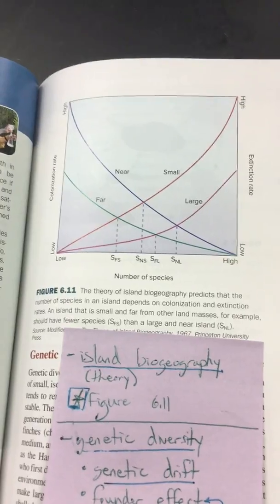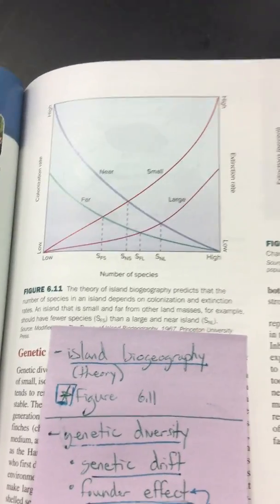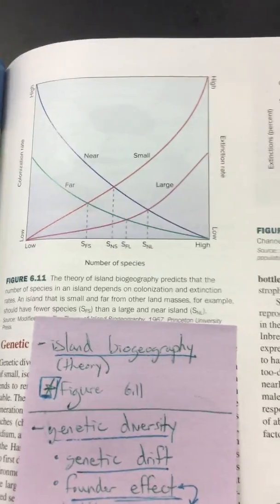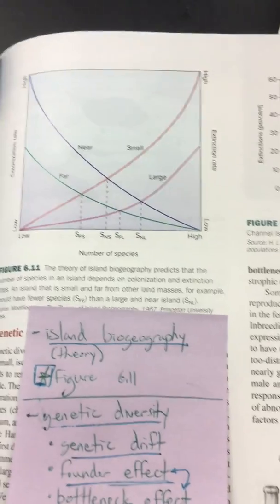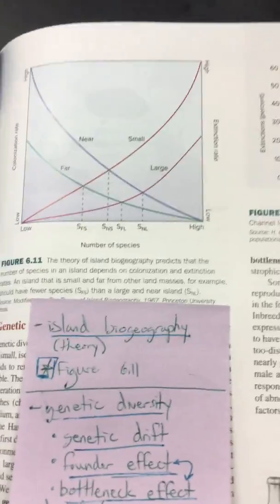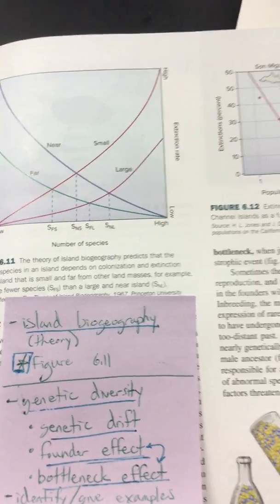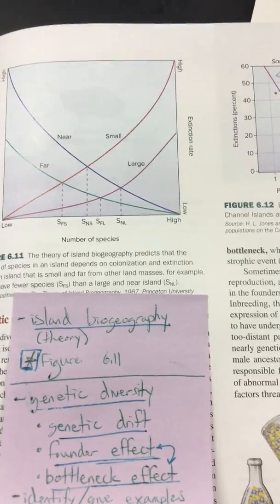The genes from one pool, from one group, enter the new group, which gives you new alleles or new versions of the DNA. So you have genetic drift happening. Without genetic drift, you start to get organisms that tend to look all alike.